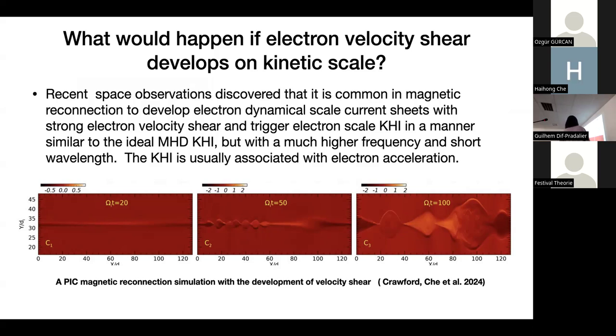You can see that during the process of magnetic reconnection, the V_ex shear develops: at the top it is positive, and below, in black, it is negative. The shear developed during the current shear and develops at the electron scale.